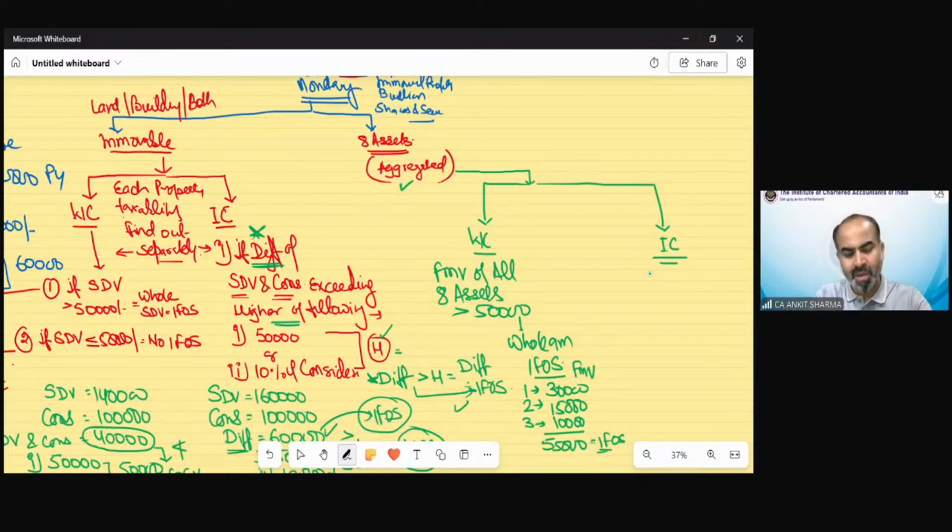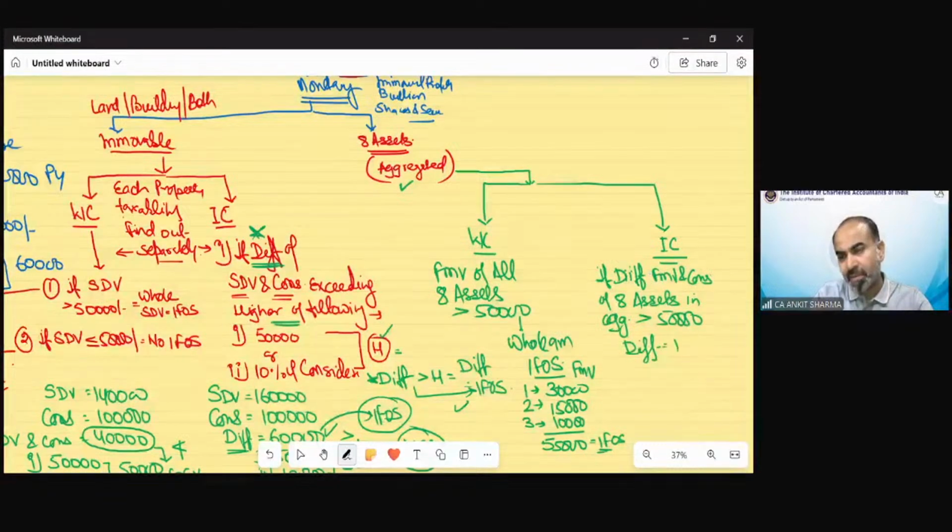Simple. In case of inadequate consideration, we have to find out the difference. So if the difference between the FMV and the consideration of the 8 assets in aggregate exceeds 50,000, then that difference is income from other sources.